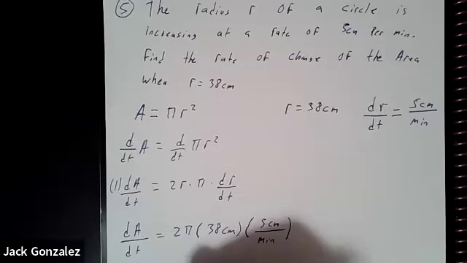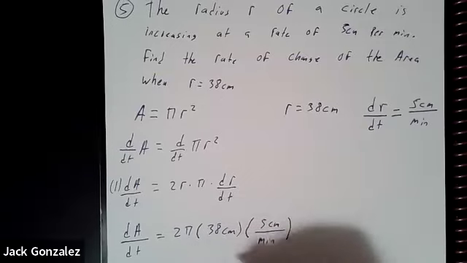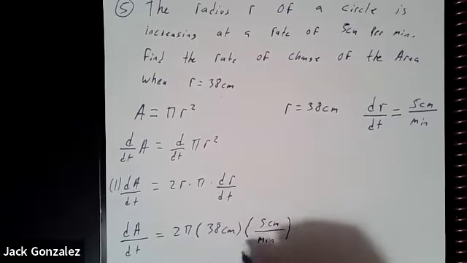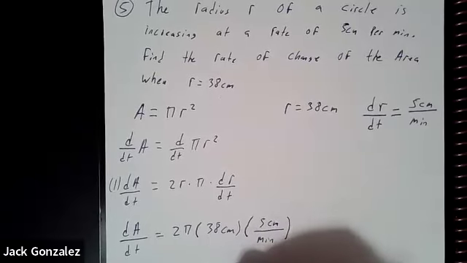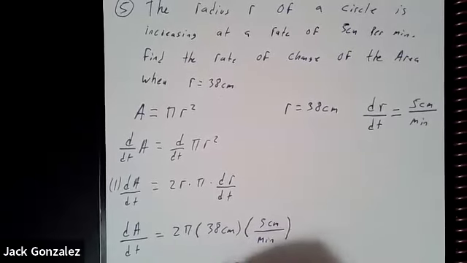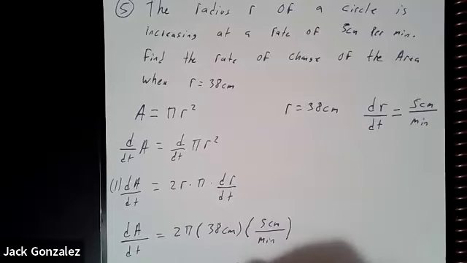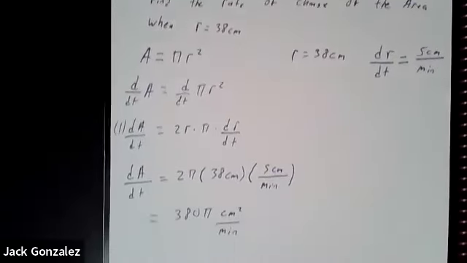Yeah. This would be 380 pi. Centimeters times centimeters is centimeters squared per minute. Do these units make sense?